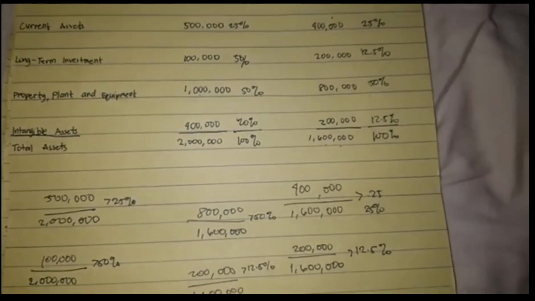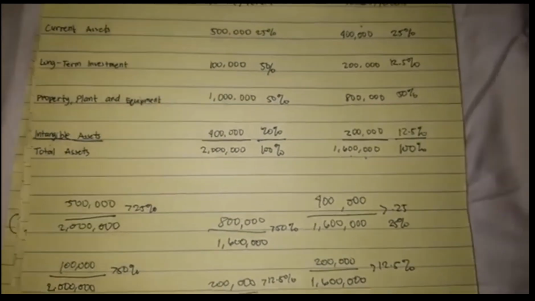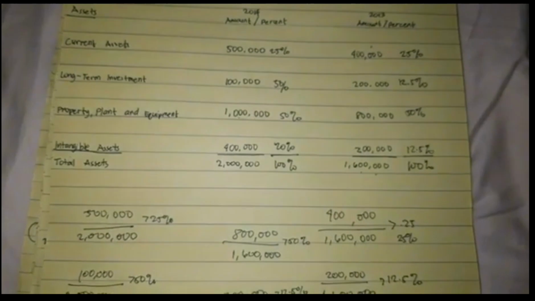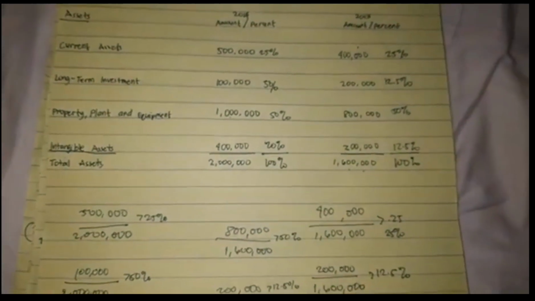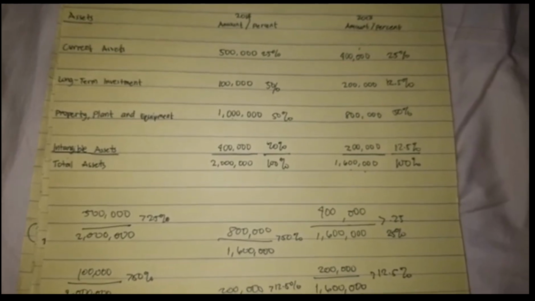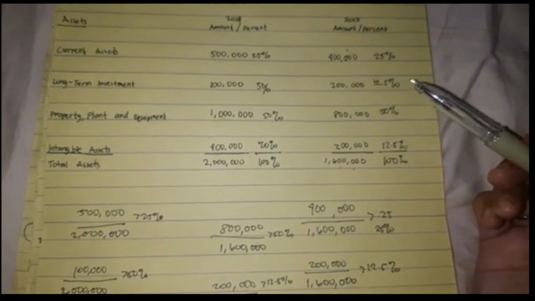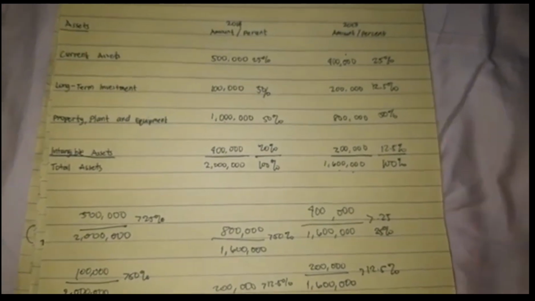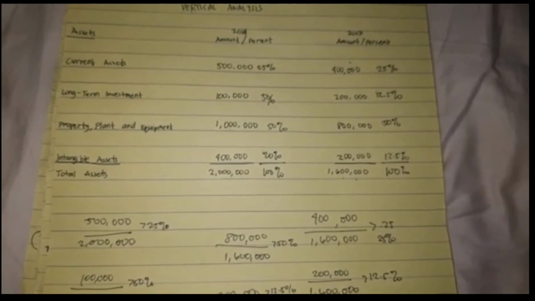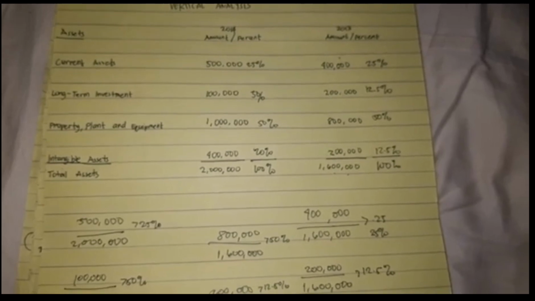Now, some of the changes were in my long-term investment. I went from 5% to 12.5%. That change could be for several different reasons, but we want to look at these things and see we're doing the right things. Here we've reduced our long-term investment.